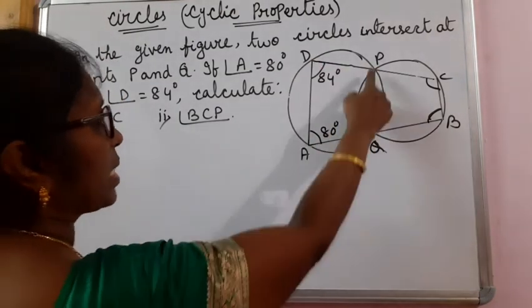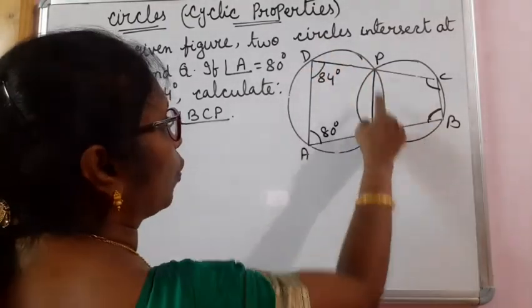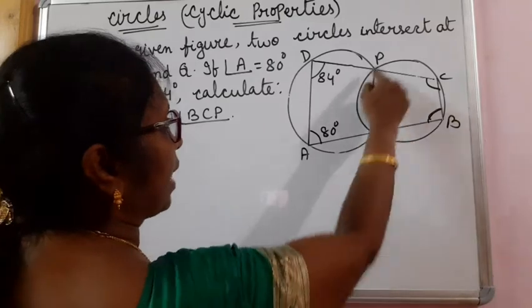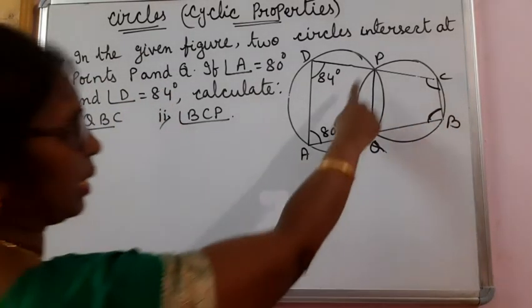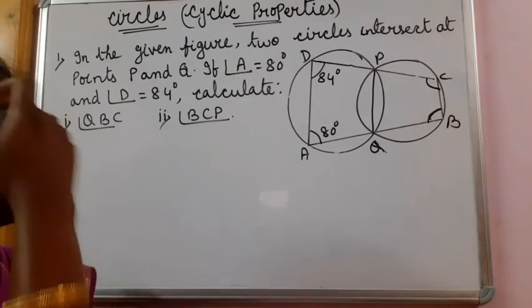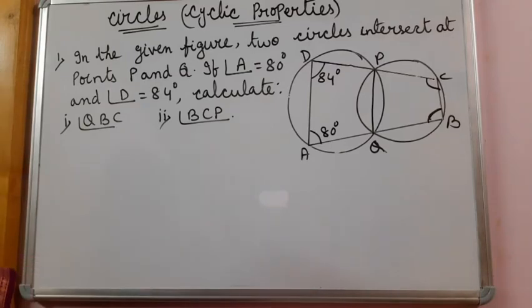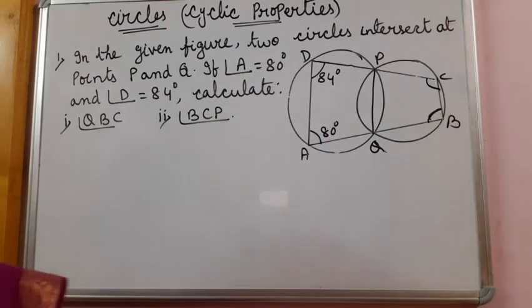We can see AQPD is a cyclic quadrilateral for this circle and BQPC is a cyclic quadrilateral for this circle. Yes or no? Already you have learned in the previous classes that opposite angles of a cyclic quadrilateral are supplementary.